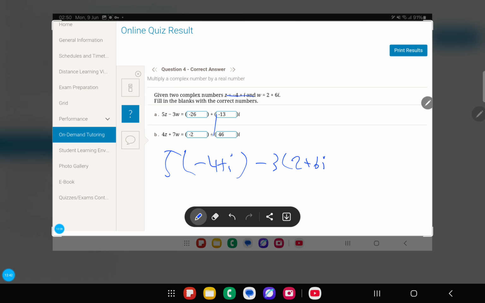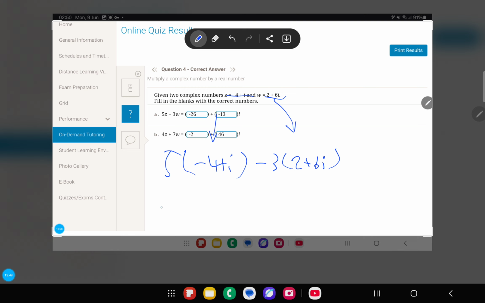They gave us z, we put it here, they gave us w, put it here. Now we just multiply them, distribute, you get -20 plus 5i minus 6 minus 18i. Because -3 times 2 is -6, and -3 times 6i is -18.